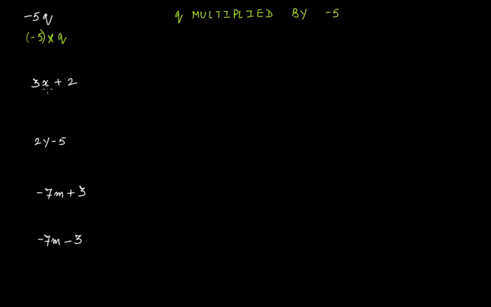minus 5. This is 3x plus 2, so this will be first x multiplied by 3, and then 2 added to the product.